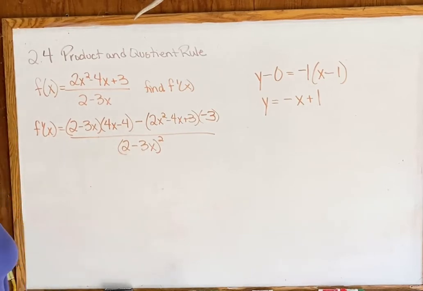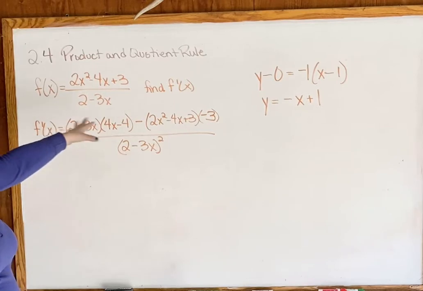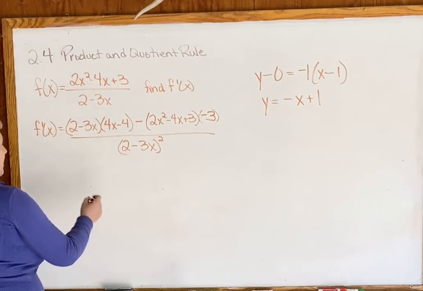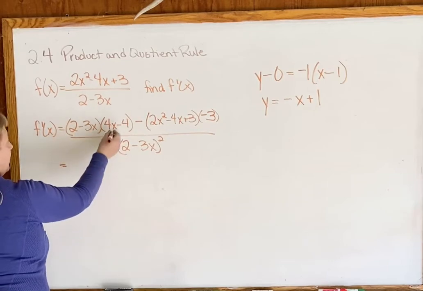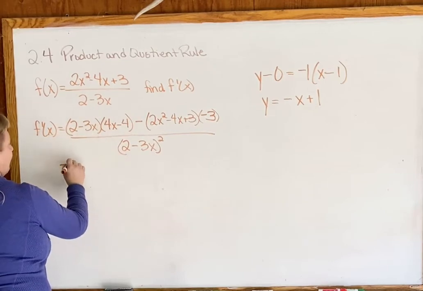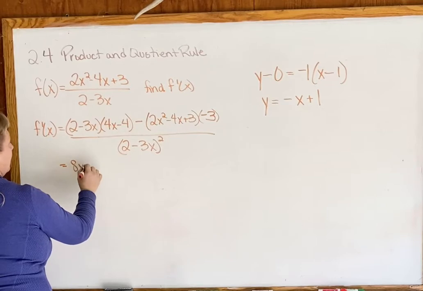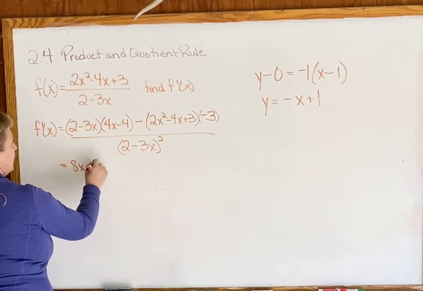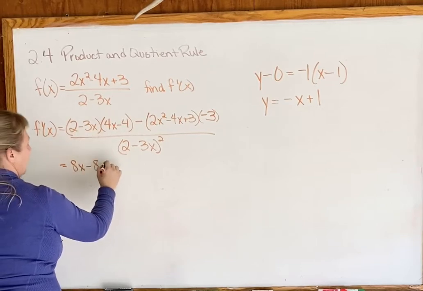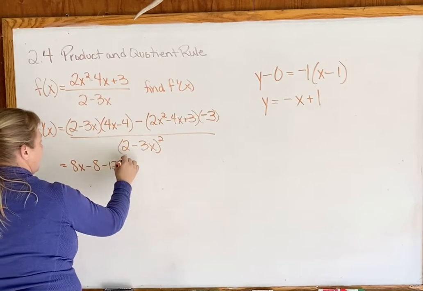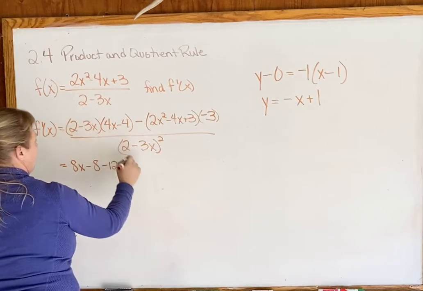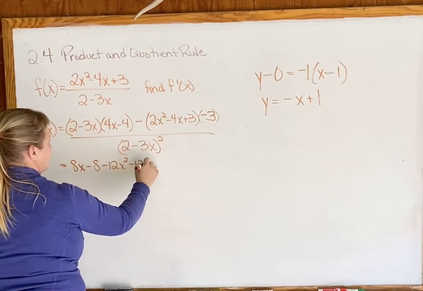Now, as I said, the worst part about this is that you got to actually simplify the top of this fraction. Which means there's quite a bit of work here to do. So we have to FOIL this guy out. We'll have 8x minus 8 minus 12x squared minus 12x.